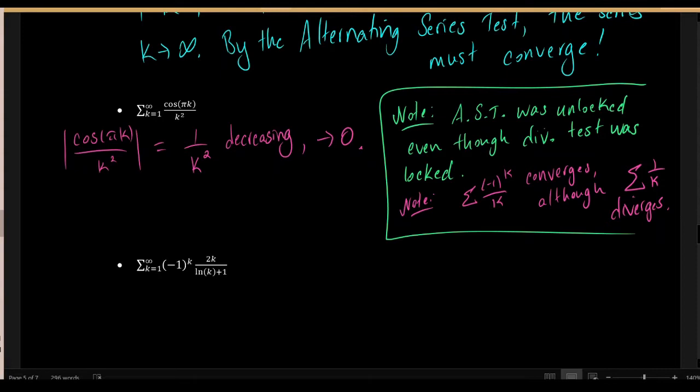Because the original series is alternating, the alternating series test kicks in, and it implies that the series converges.